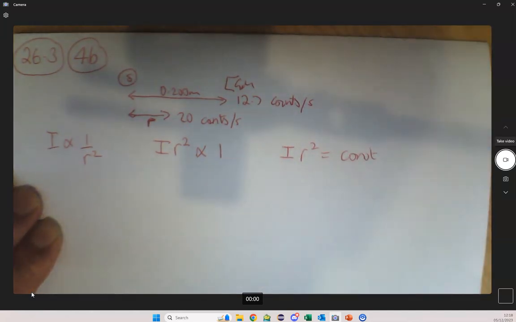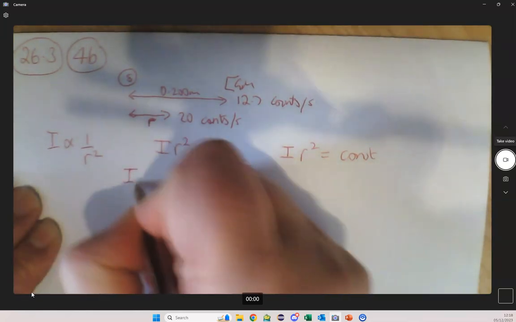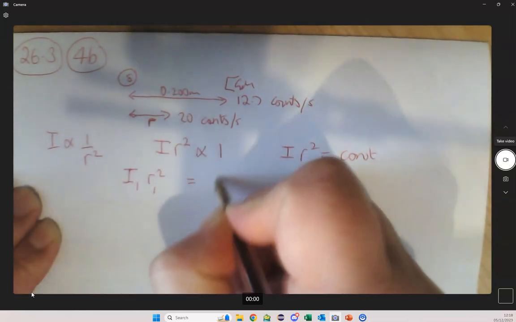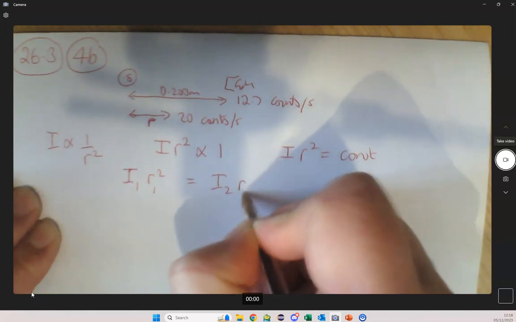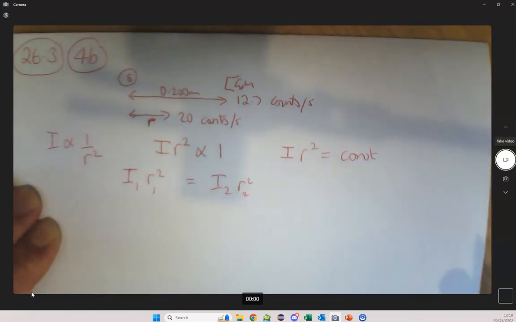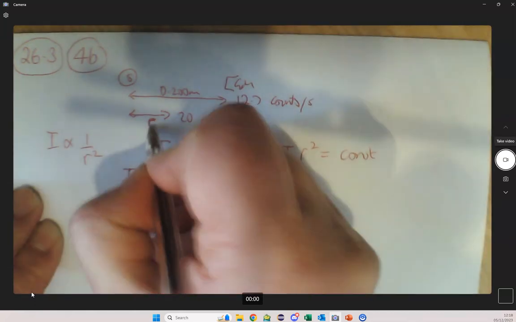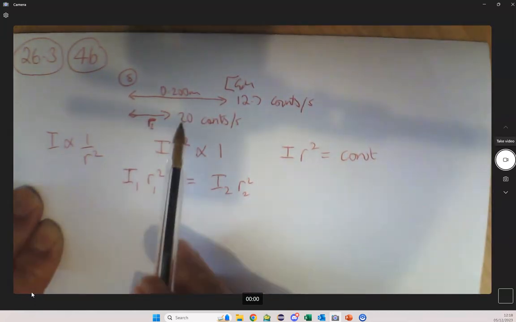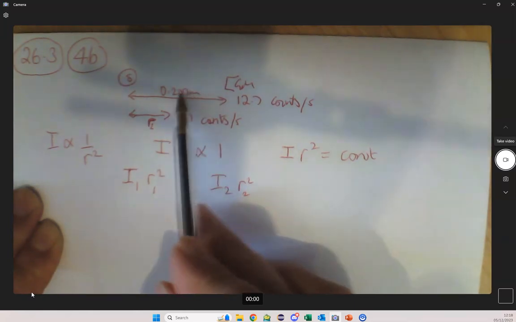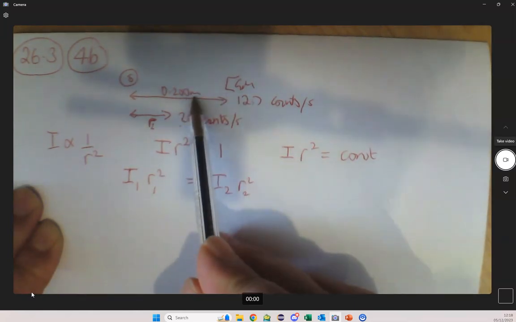So I can actually write then that I1 R1 squared must be equal to I2 R2 squared, because it won't change. And therefore, I'm going to be looking for this R2, so I'm going to use that as R2, that as I2, that as I1, and that as R1.